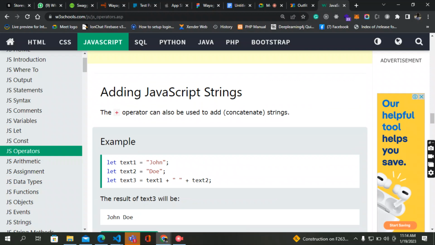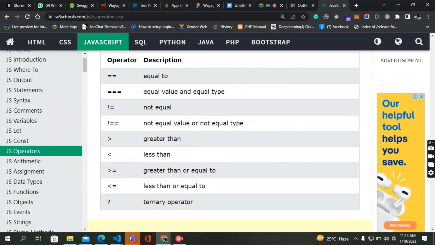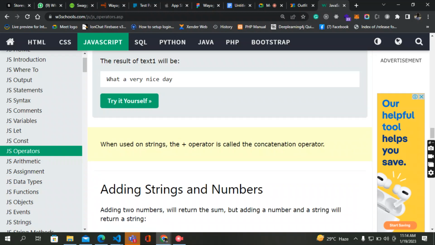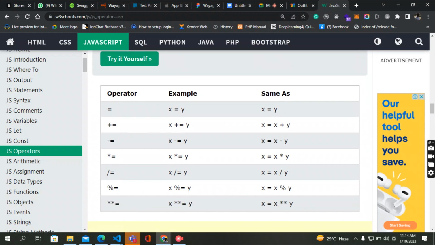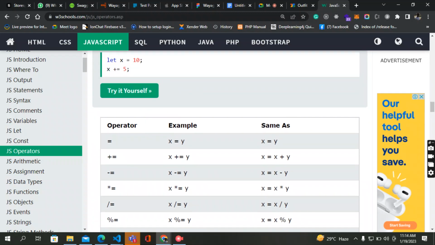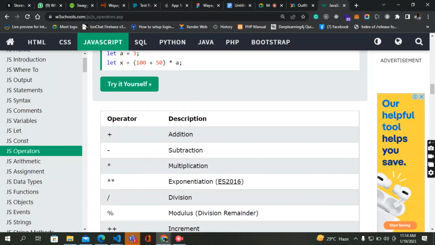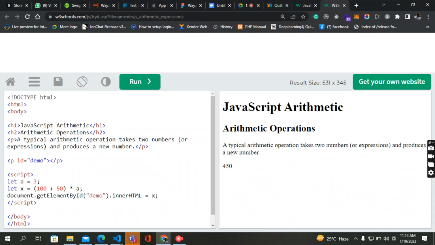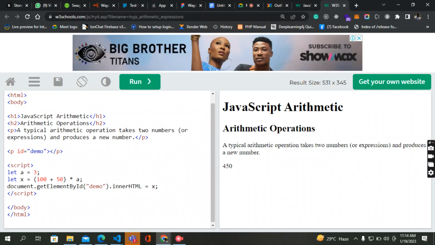So let's take a look at that example, if we can find one. Okay, I think let's try to do something here, which is 100 plus 50 times 3.